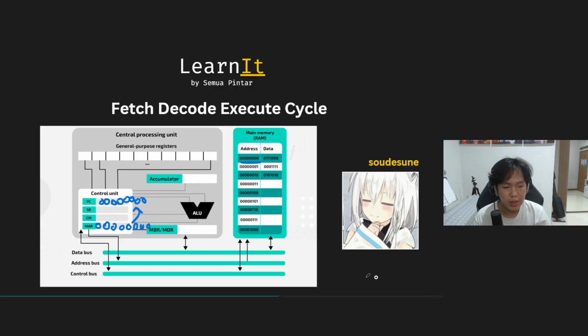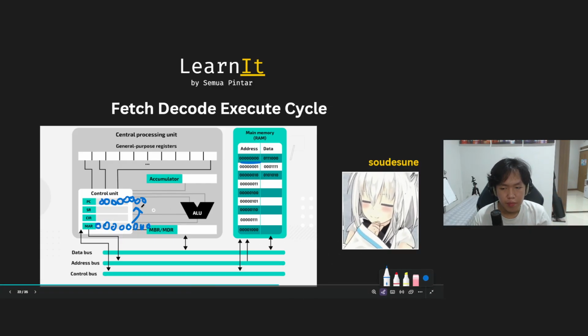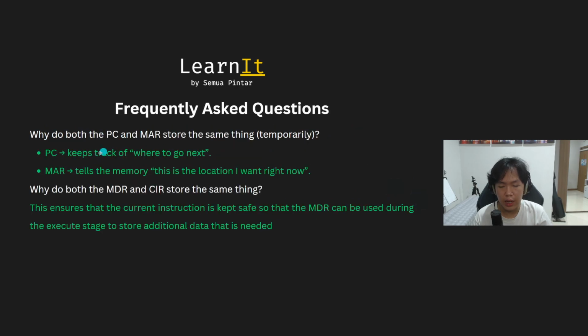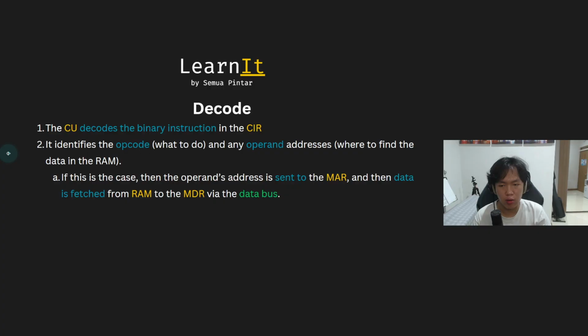That's because the PC keeps track of where to go next, and the MAR tells the memory this is the location I want now. So the PC is basically preparing for the future. The MAR is telling the memory the address now.